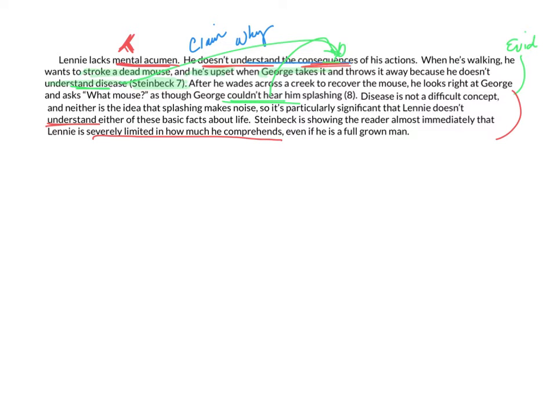So we have these returns up to the topic, but you can also see that there is a very clear reasoning type, because we have that it's significant, that these are basic facts, so it shows that he is severely limited.